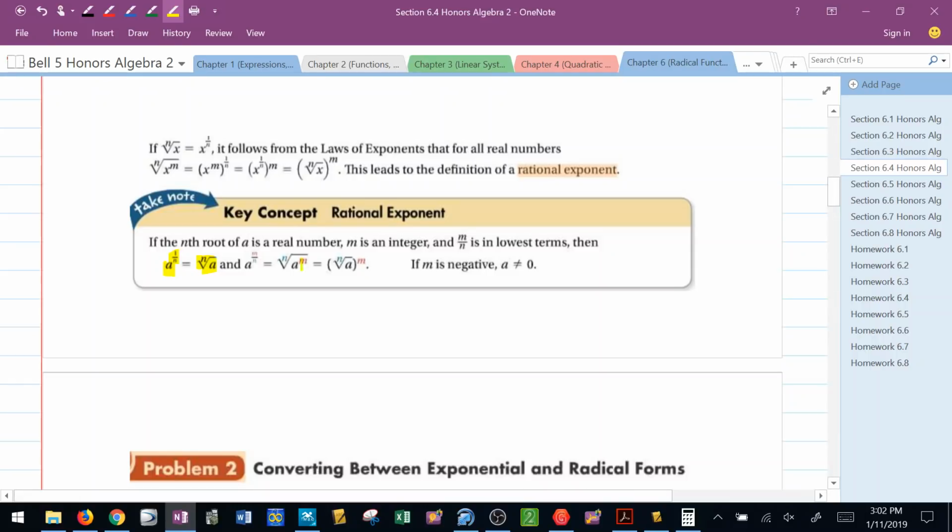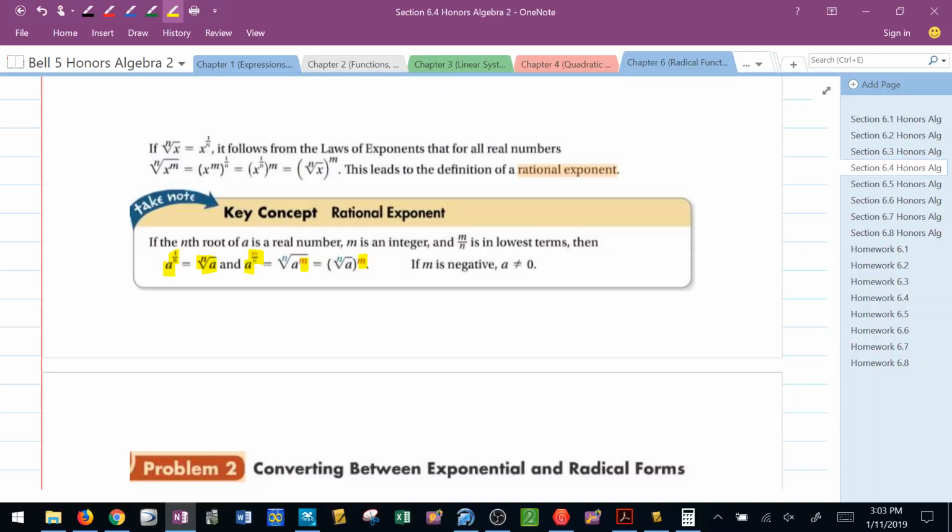Well, that power could be inside or that power could be outside. Either way, we're going to be able to rewrite this as a to the m over n power. Notice that the m, the power of the expression, is the numerator. Notice that the n, the index, is the denominator.